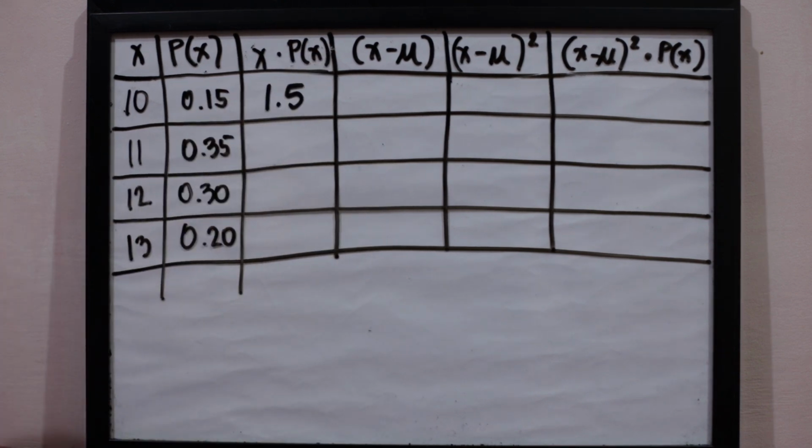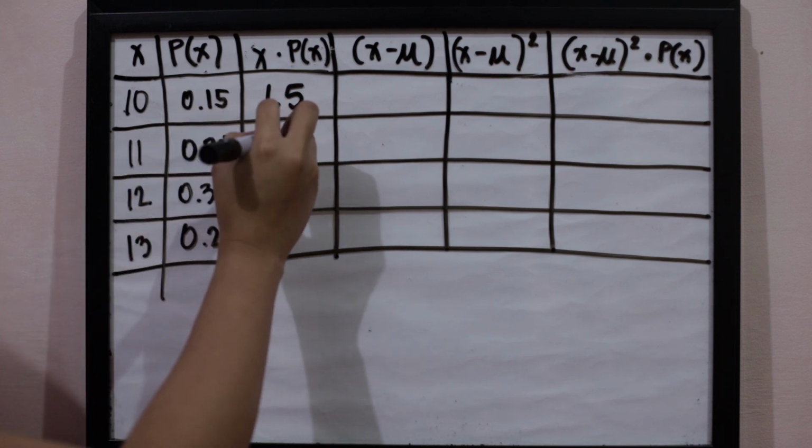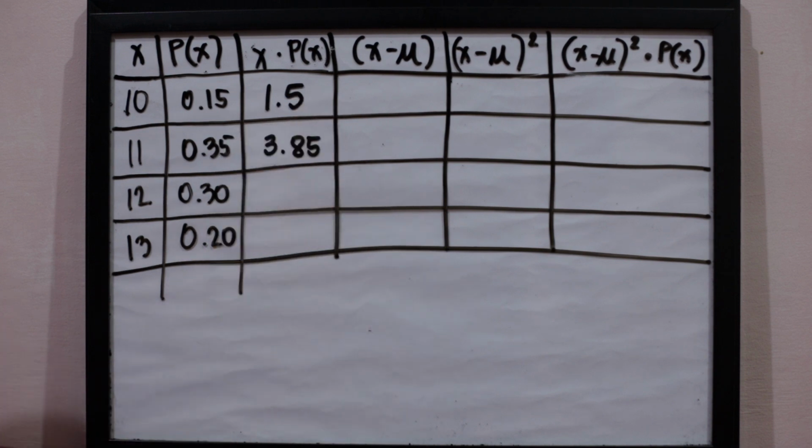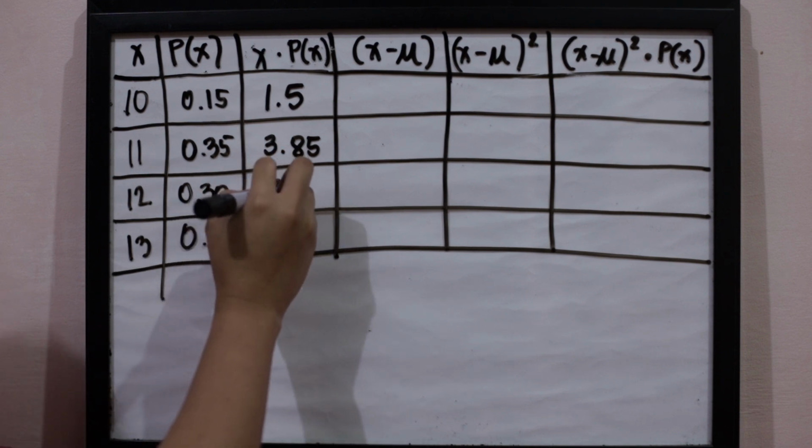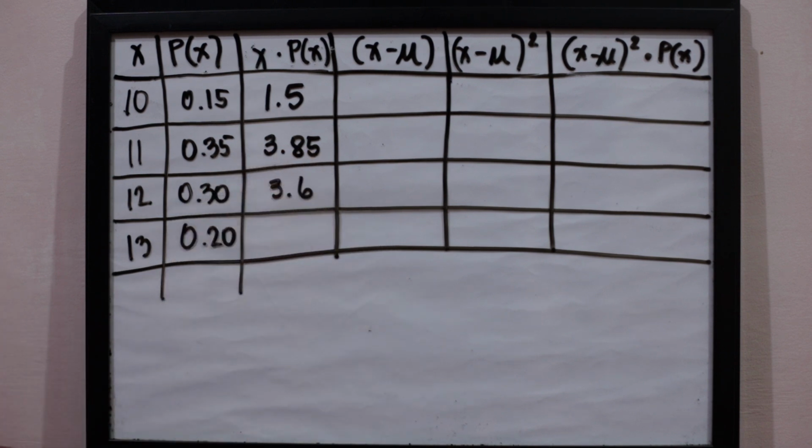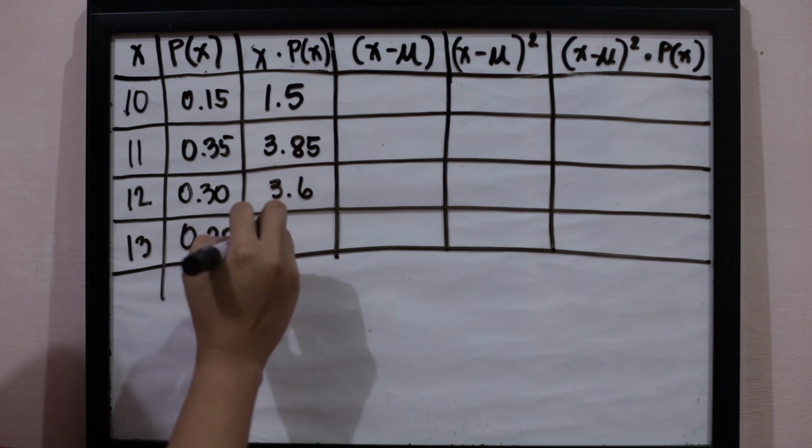Tapos, 11 multiplied by 0.35, the answer is 3.85. And then, 12 multiplied by 0.30, 3.6. And then, 13 times 0.2, the answer is 2.6.